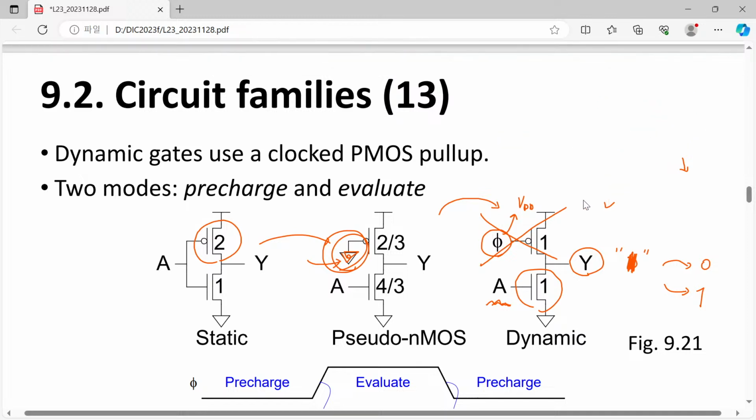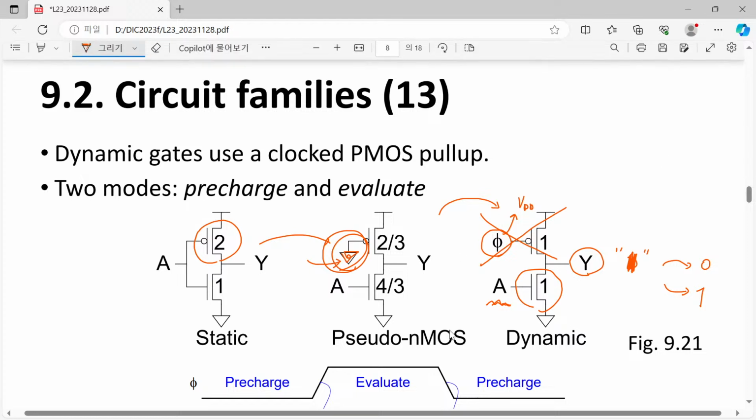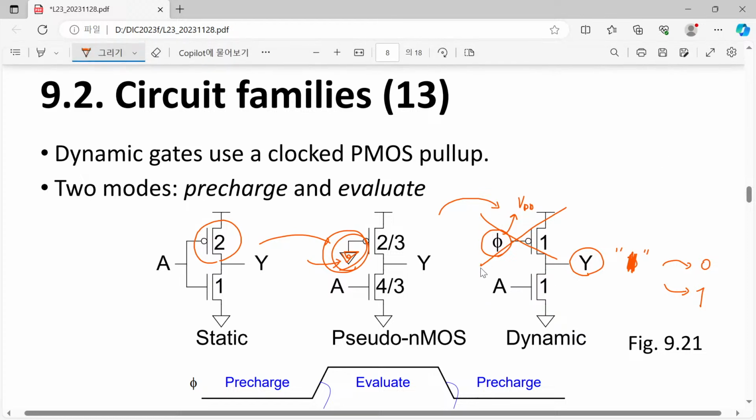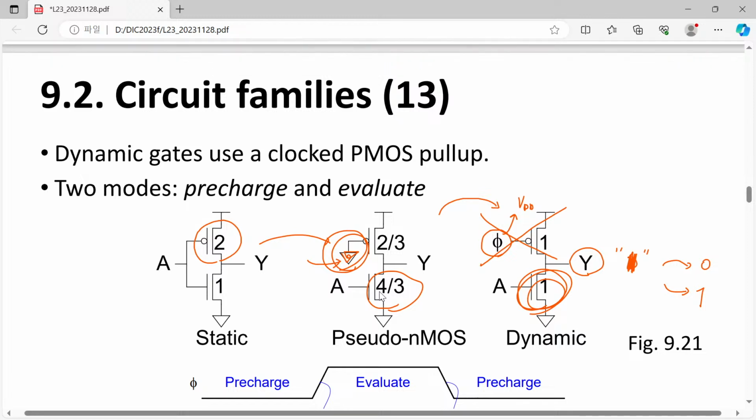That is the main philosophy of our dynamic circuit. From the viewpoint of this A, it just sees the N MOSFET part, so it has some advantages of a pseudo N MOSFET implementation. Good.